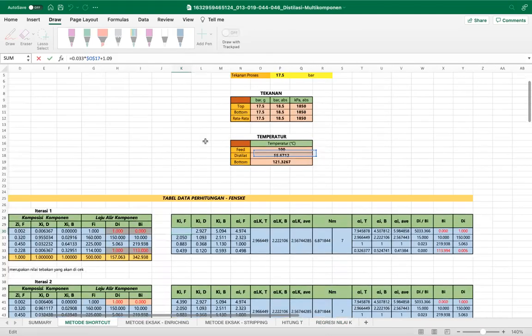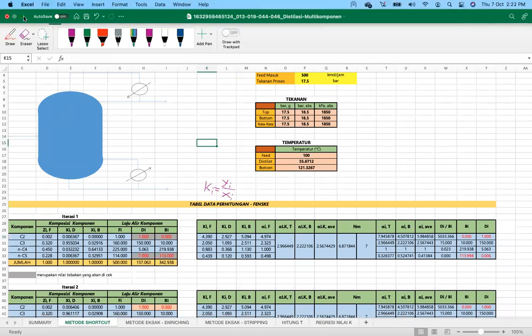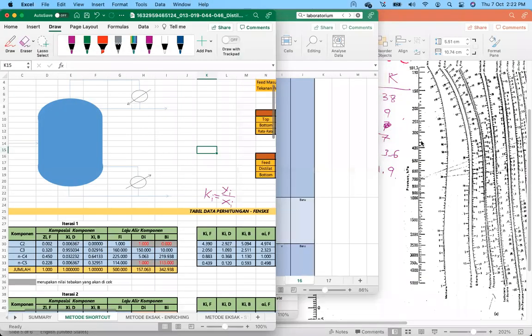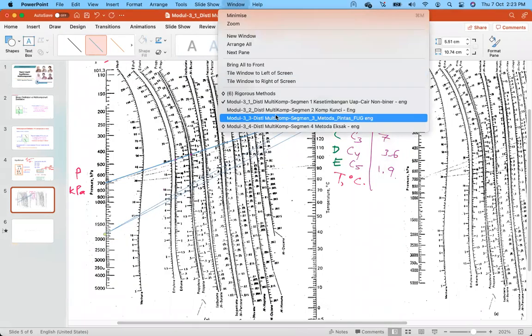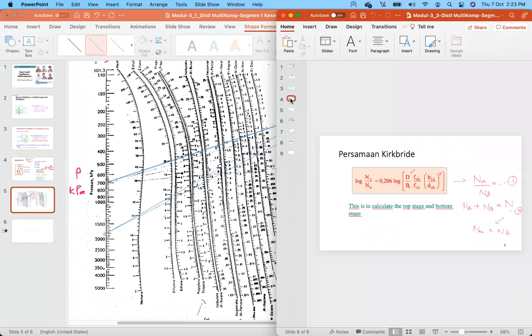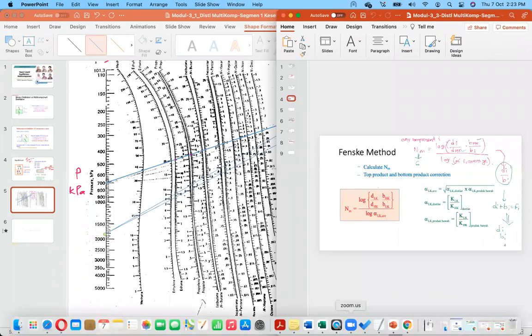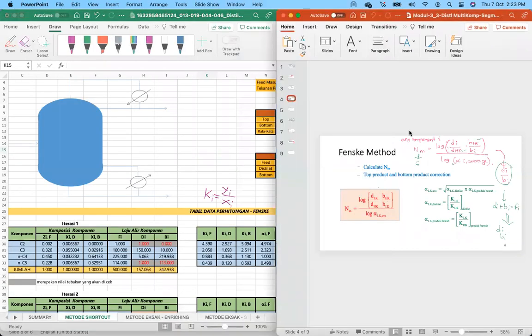So once they know the k, if we go back to the Fenske method, we need to find log alpha average.